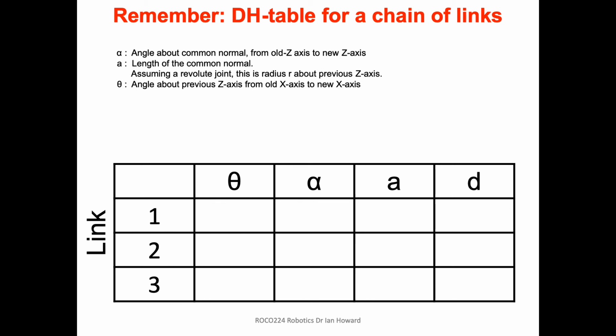Theta is going to be the angle, basically the control angle in terms of a robot revolute joint, around the old z-axis, which is going to effectively align the old and the new x-axes. And d is the shift up and down the z-axis that we have to account for.